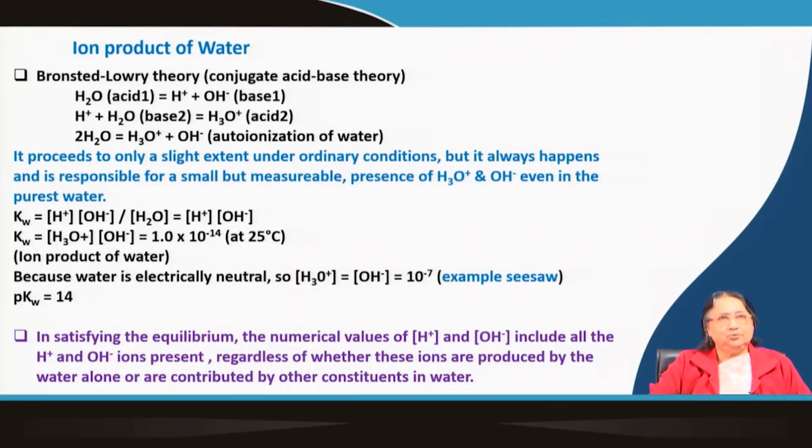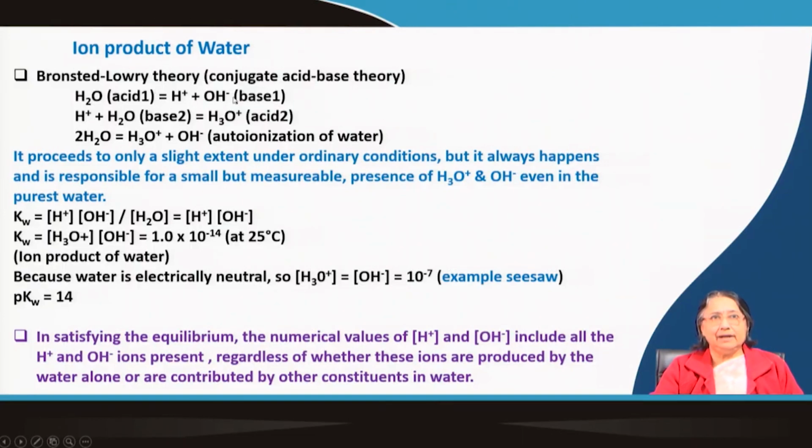Now, the ion product of water. I have already told in my first lecture what the ion product of water is. We know from the Bronsted-Lowry theory of conjugate acid base pairs that water can act as an acid when it gives an H+ ion and OH- ion, which is its conjugate base.